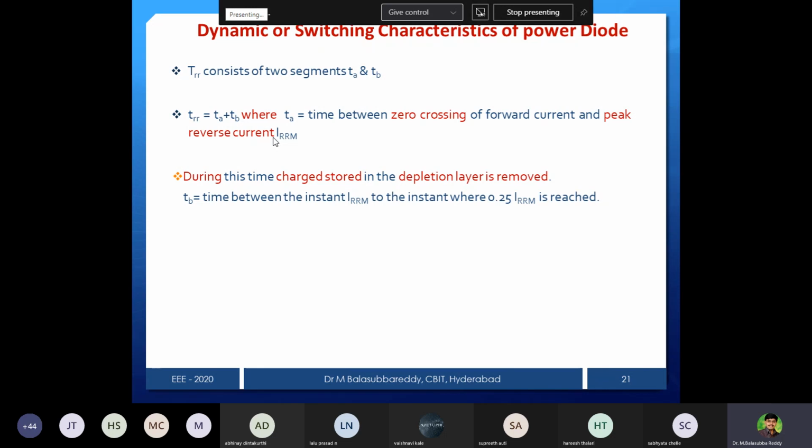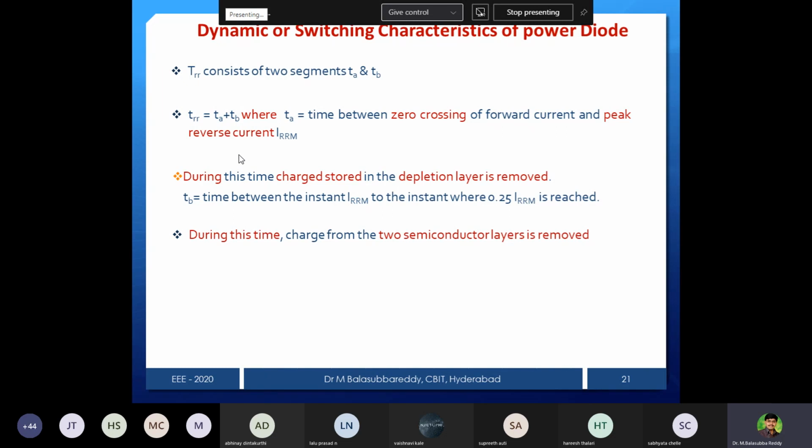TB is the time between the instant of IRRM and the instant where 25 percent of IRRM is reached. We call that TB. During this time, the charge from the two semiconductor layers is removed.